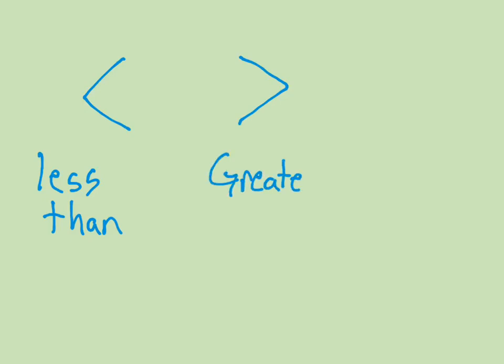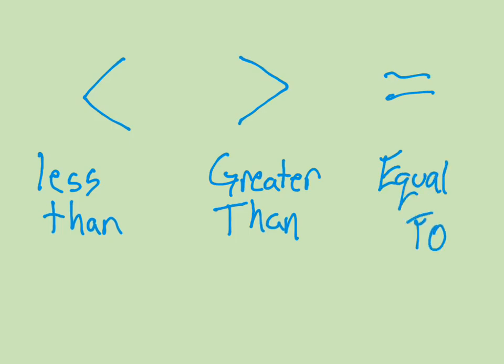We've got less than, greater than, and equal to. Sorry about my messy writing there, but you can see that. Those are the three main comparisons that we're going to do. Remember, there will be more later.